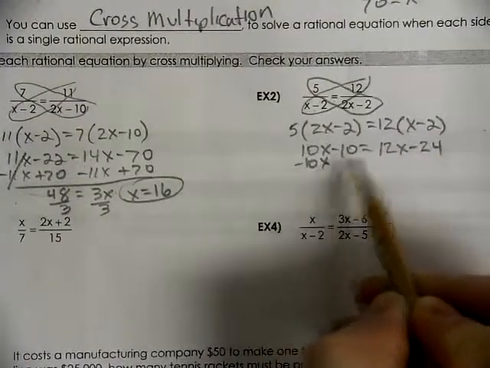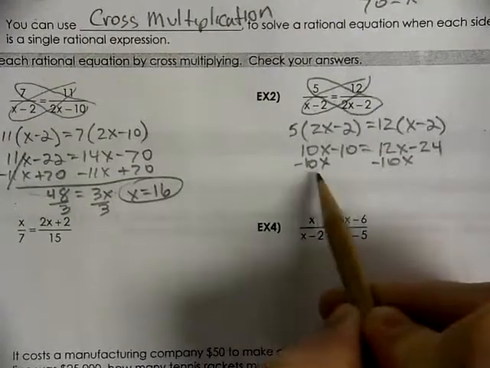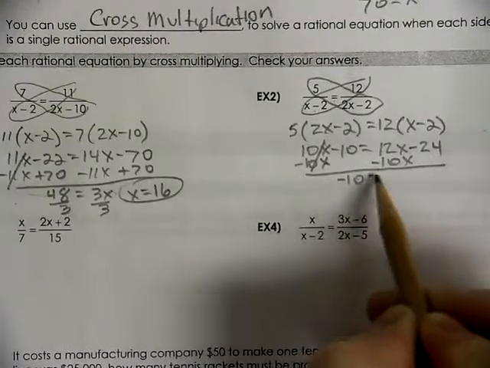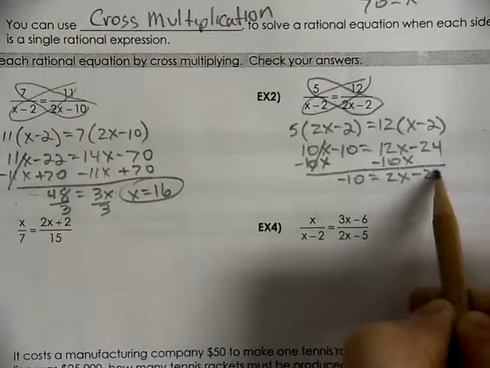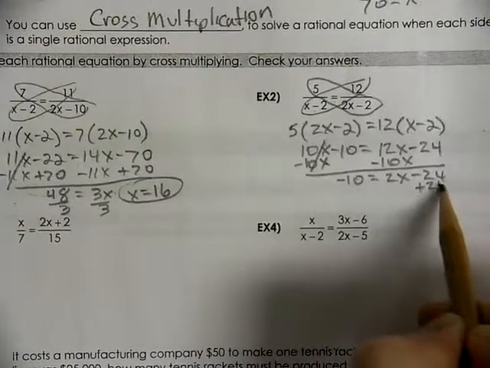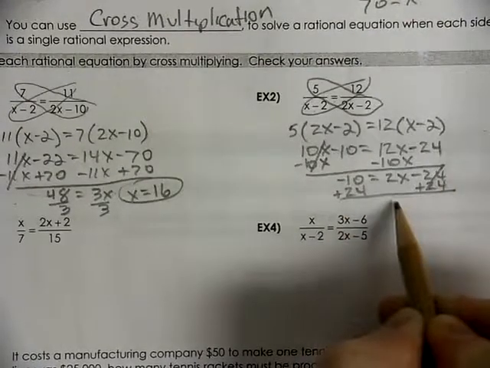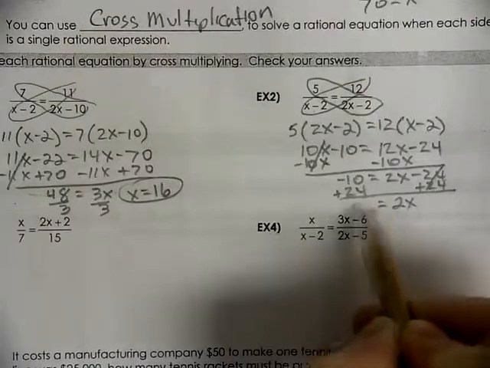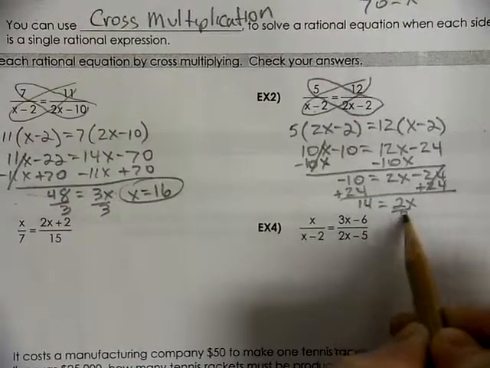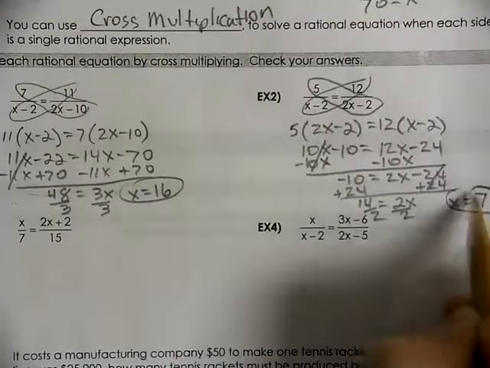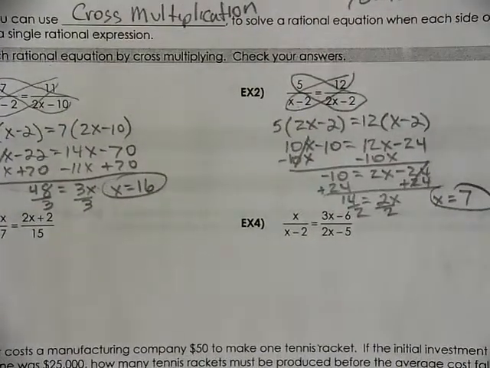Collect our like terms. Add the 24. And x equals 7.